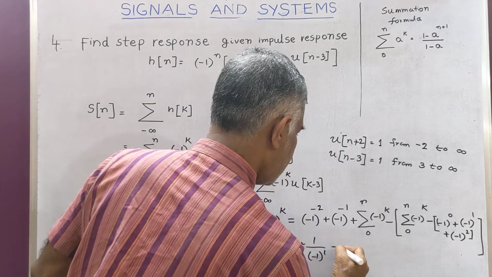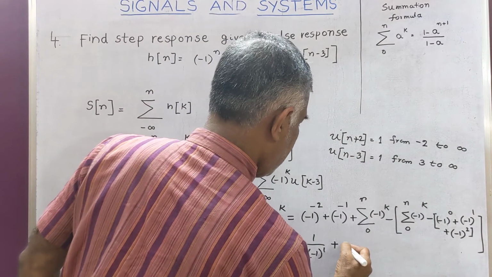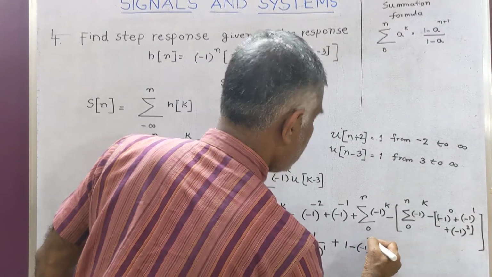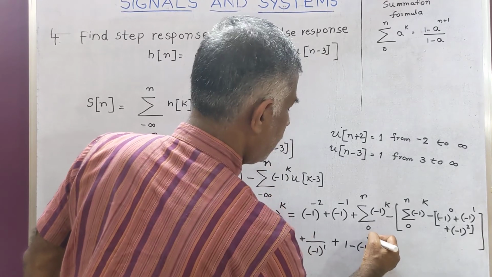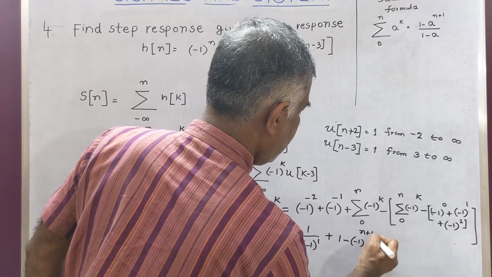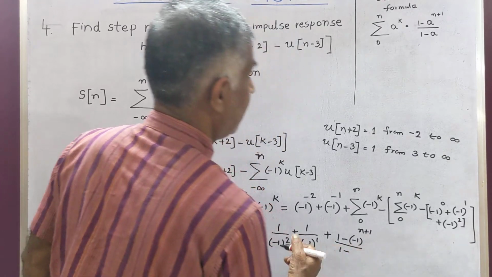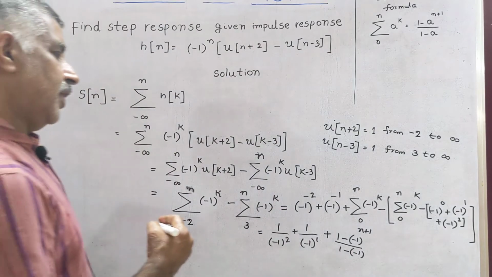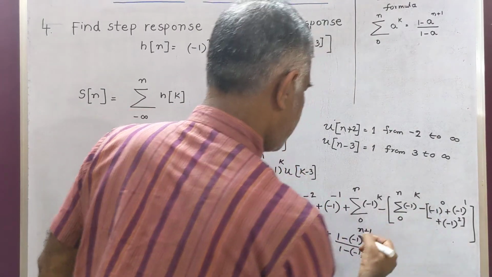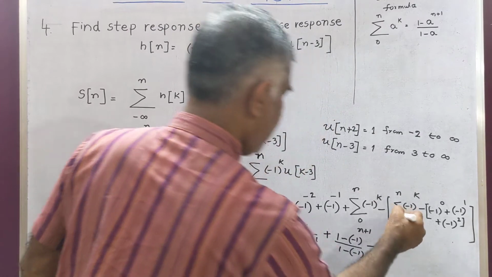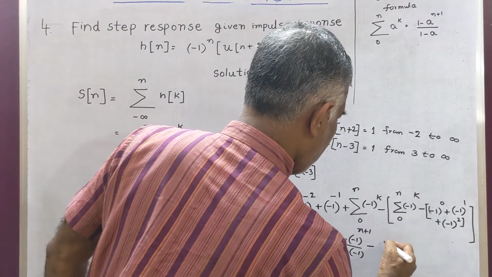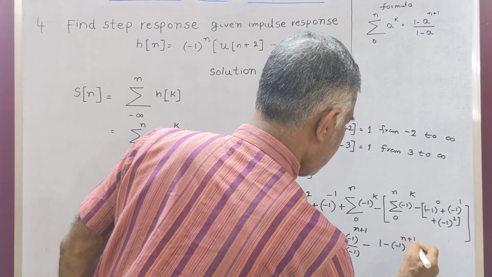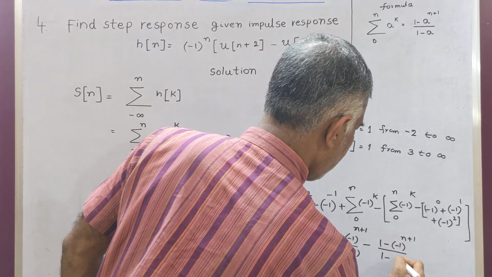Next, plus the summation formula, 1 minus minus 1 to the power of n plus 1 divided by 1 minus a, that is minus 1. Next is minus this one, 1 minus minus 1 to the power of n plus 1 divided by 1 minus a.